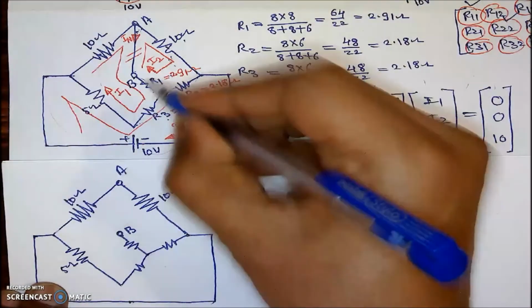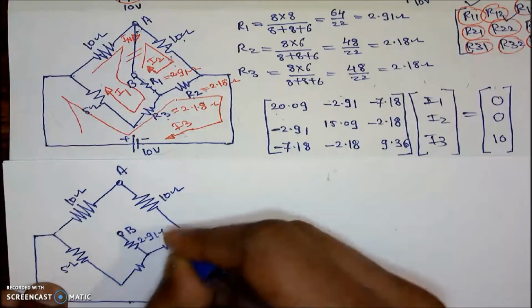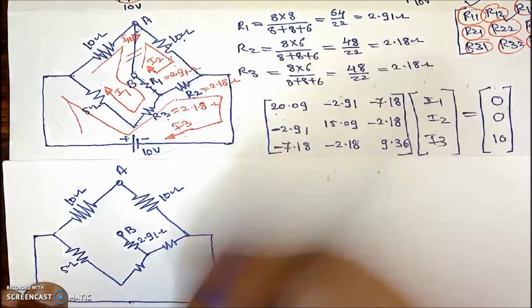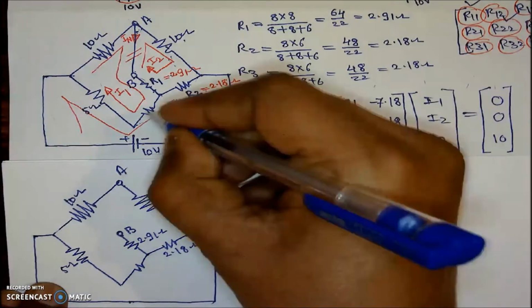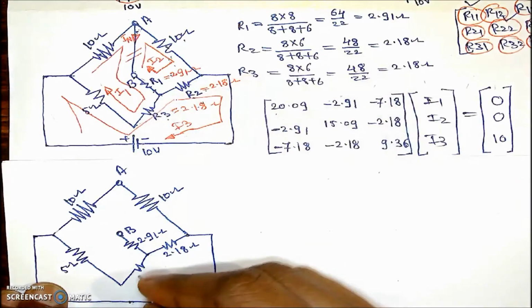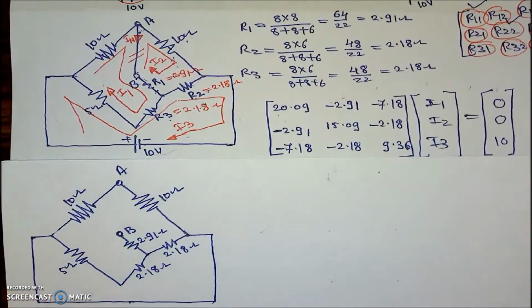The value of R1 is 2.91 ohm, R2 is 2.18 ohm, and R3 is 2.18 ohm, which we have already calculated.